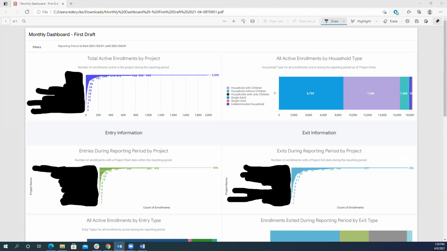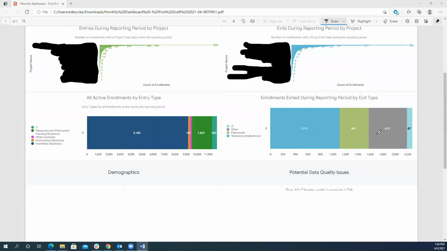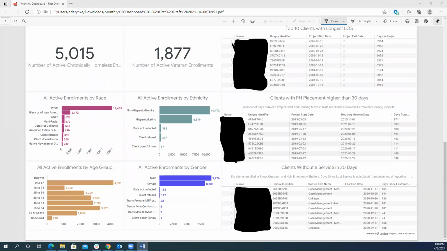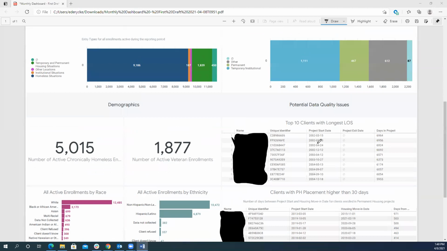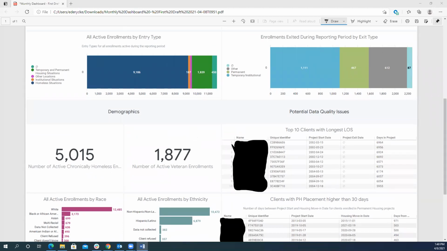But I like the things at the bottom, the last couple things that you mentioned: the top 10 clients with the longest length of stay, clients without service in 30 days, and the enrollments, like where they're coming from and where they're exiting to. I think those are, for us specifically, something that would really stand out.